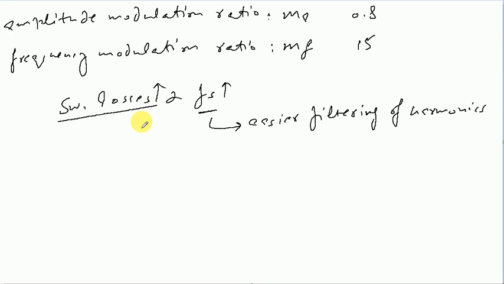In most applications, as discussed in the book as well, the switching frequency is selected to be either less than 6 kilohertz or beyond 20 kilohertz. What is the reason for it? The reason is to have a switching frequency higher than the audible range, so that we don't have a lot of noise.